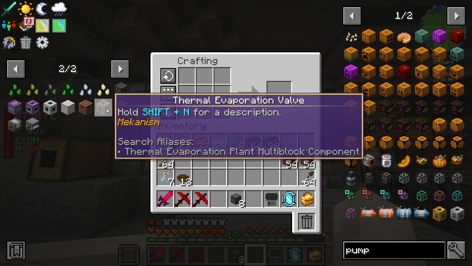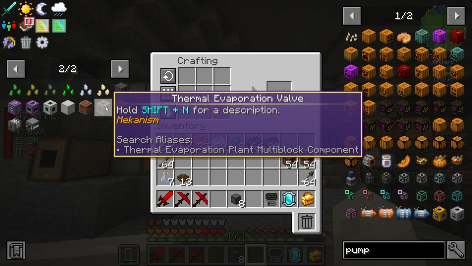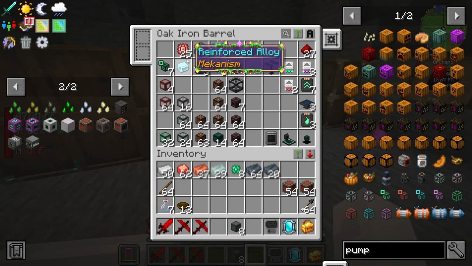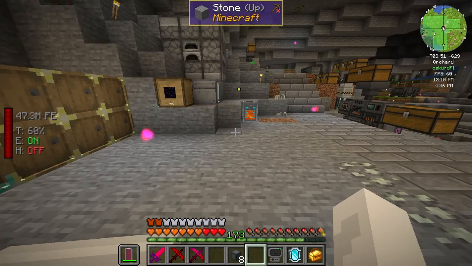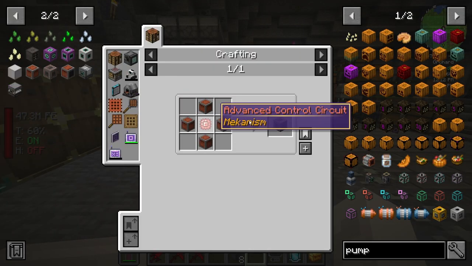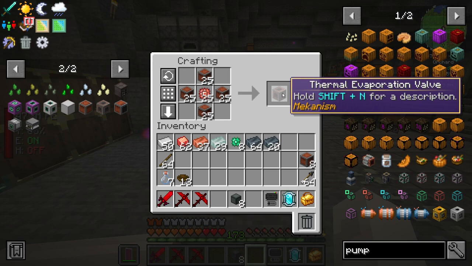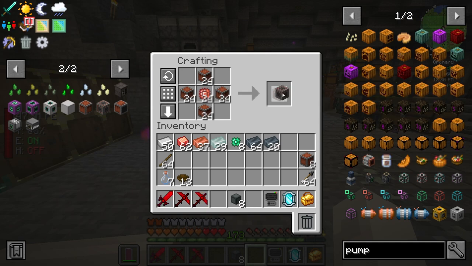And then we need these valves of 3. Oh, this needs more of these. Shame. We need 3 of these valves each, so that means we need 6 valves.